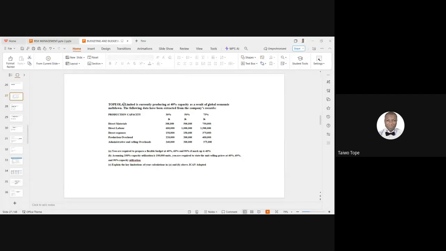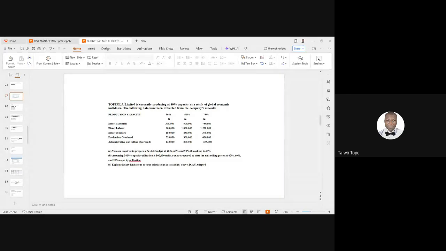At 75%, the total production overhead is 400,000. What will be your variable cost at 75%? If your total variable cost at 100% is 400, it will be 75% of 400,000.